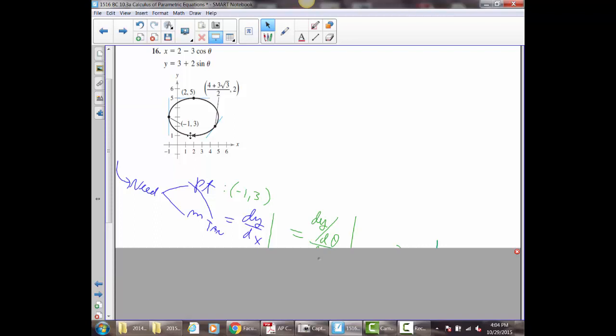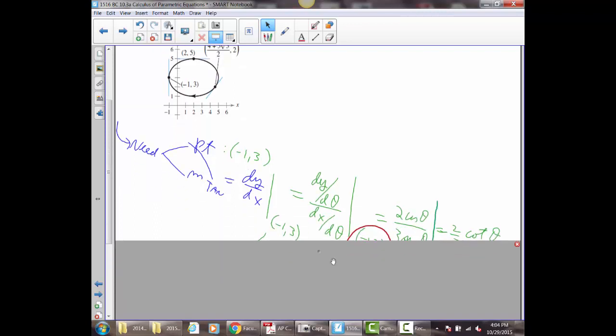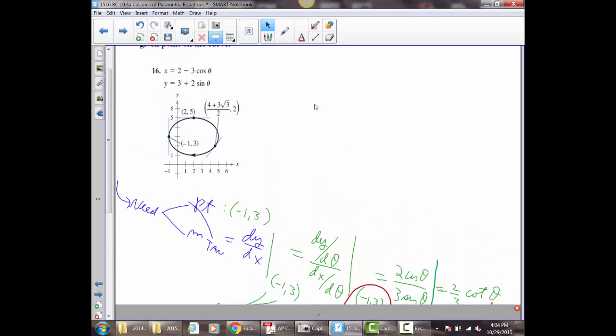Okay, so I'm going to take the point -1, 3. Remember, if I'm looking for the equation of a line, I need a point and a slope. I have the point -1, 3. The slope of the tangent line is dy/dx, which is dy/d theta over dx/d theta at that point. So dy/d theta, going back up, is 0 plus 2 cos theta, which is 2 cos theta.